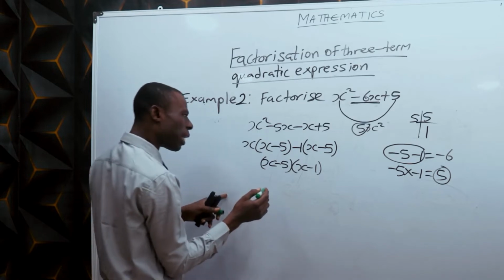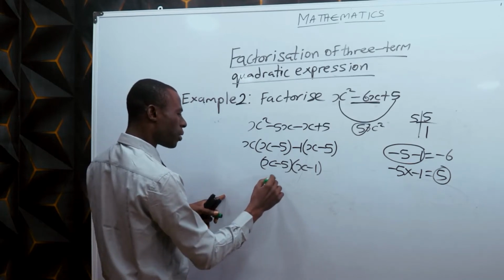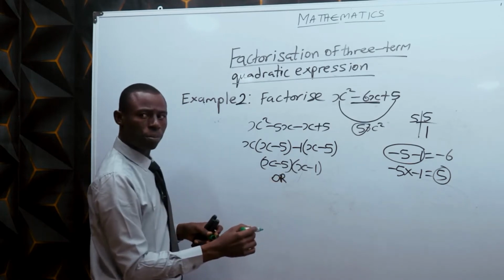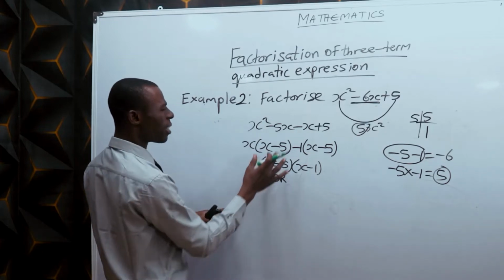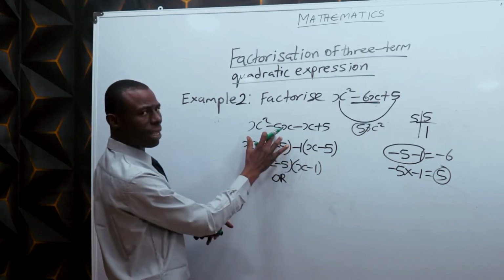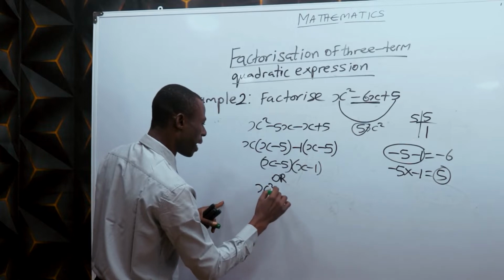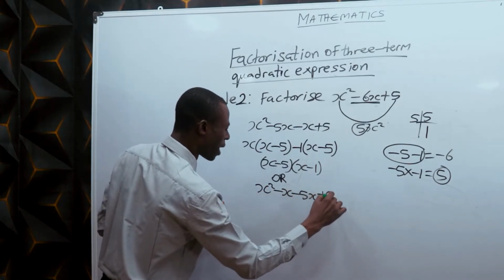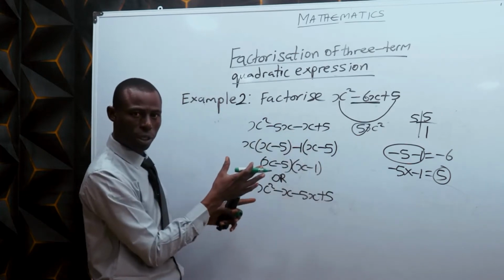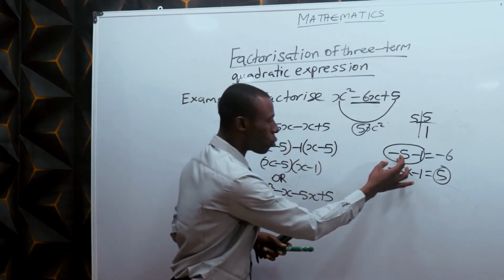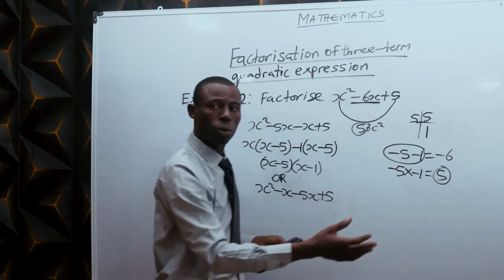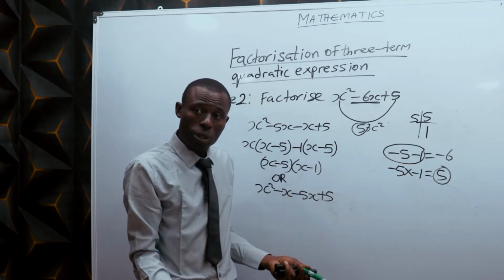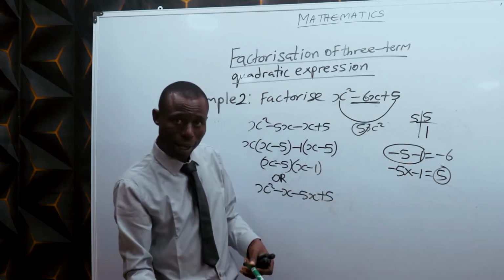Now, what if someone else trying to factorize this writes x squared minus x minus 5x plus 5. Can you see that the order has been changed? The two factors we want to use, minus 5 and minus 1, there is no rule that says you must pick one before the other.